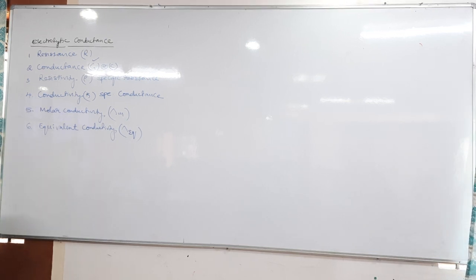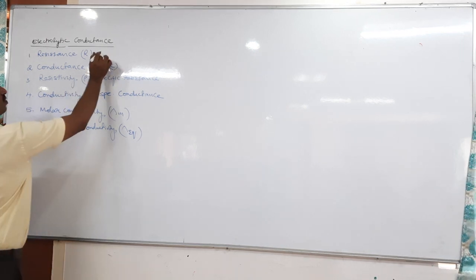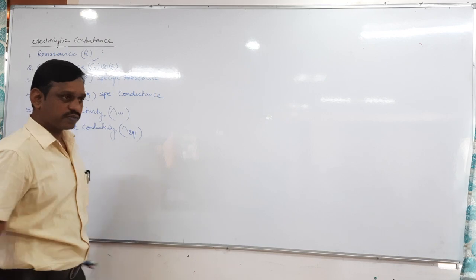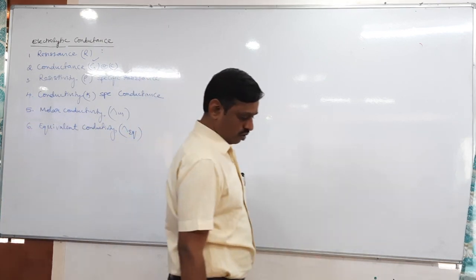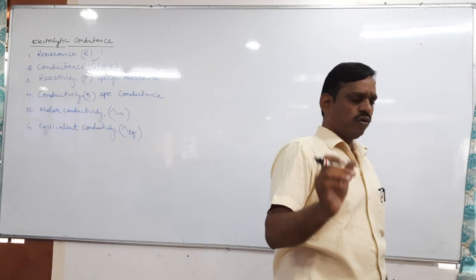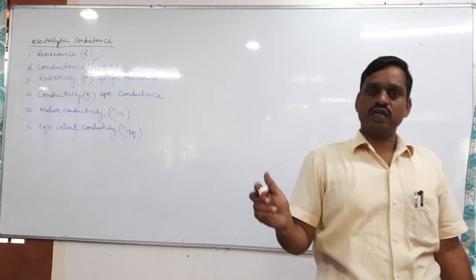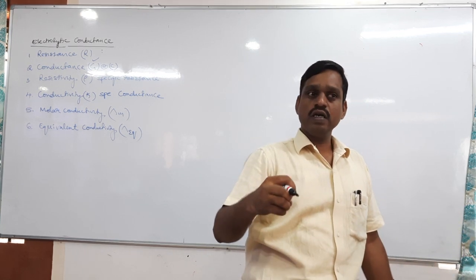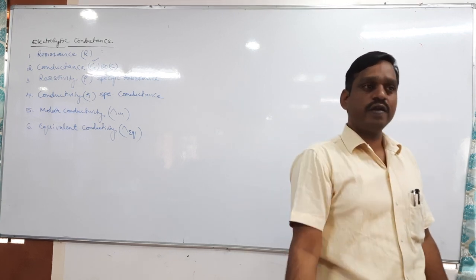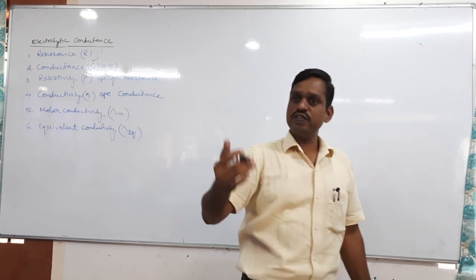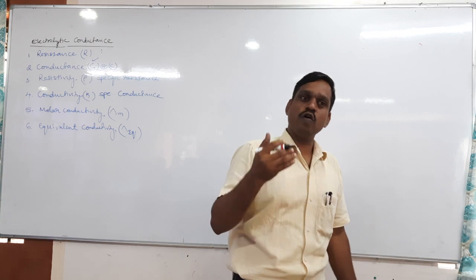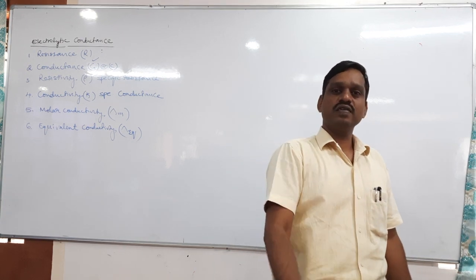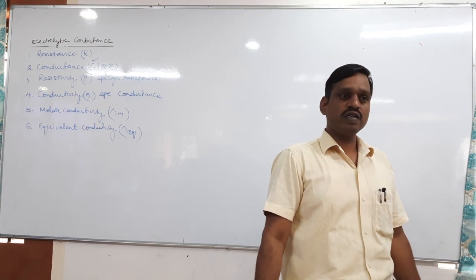First one is resistance. What is the definition of resistance? It is the property of the conductor. Every conductor has an internal property to oppose the flow of electric current, isn't it?